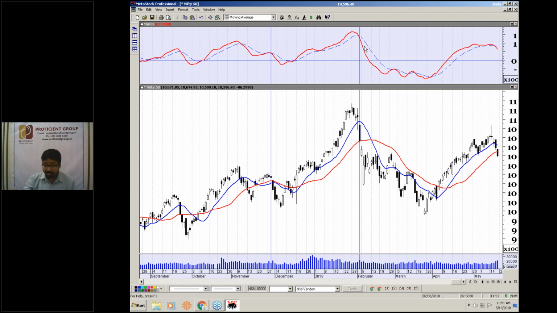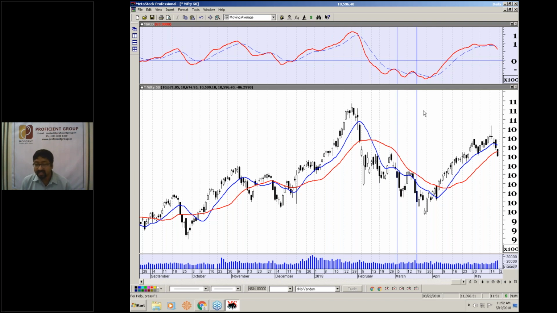It is needless to mention that if we get a sell signal here, or if we get a sell signal here, I do not consider these sell signals to be strong enough. Forget about what happened to the price. Prices were in a downtrend and they continued to come down.